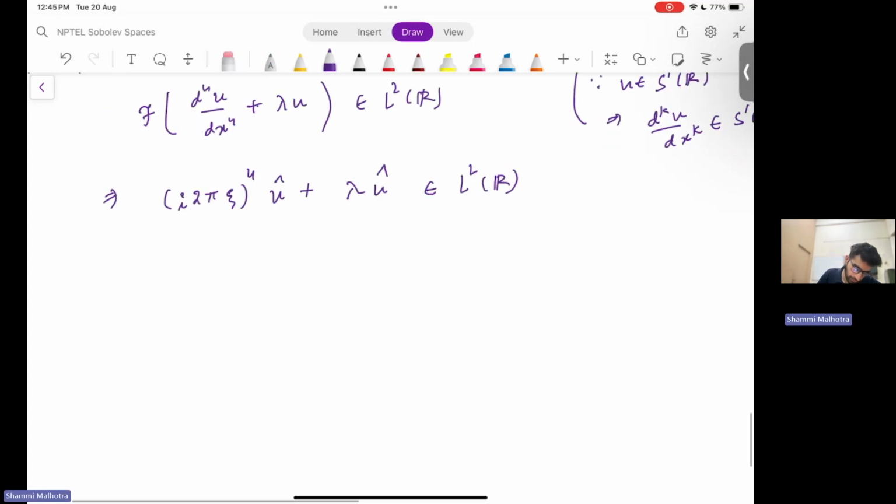And this is nothing but (2 pi)^4 xi^4 u hat, we can take the u hat outside, plus lambda u hat in L2(R).